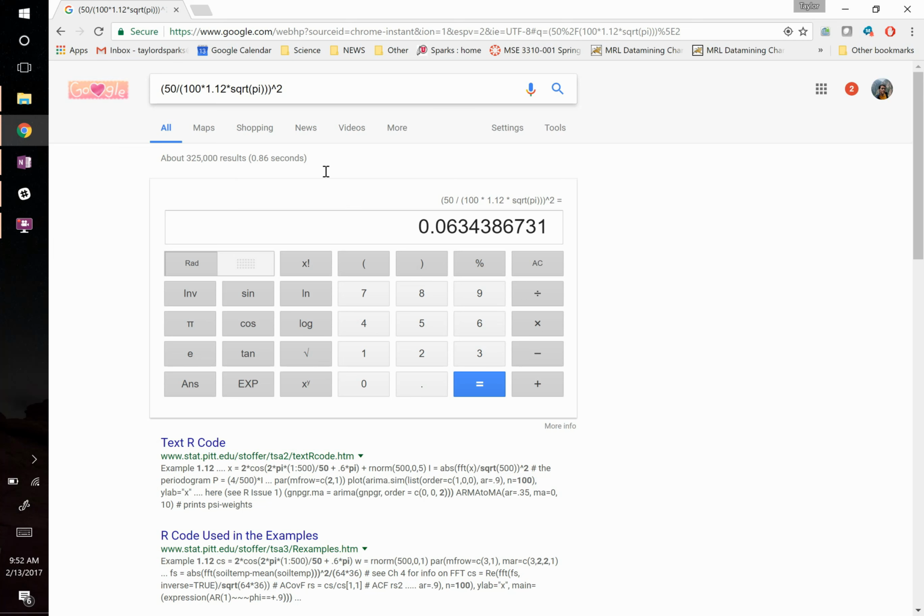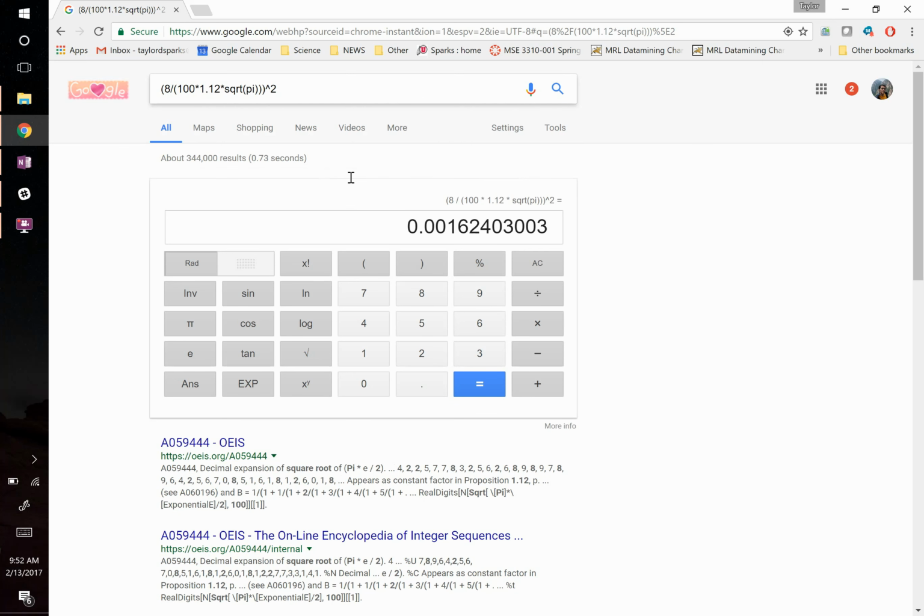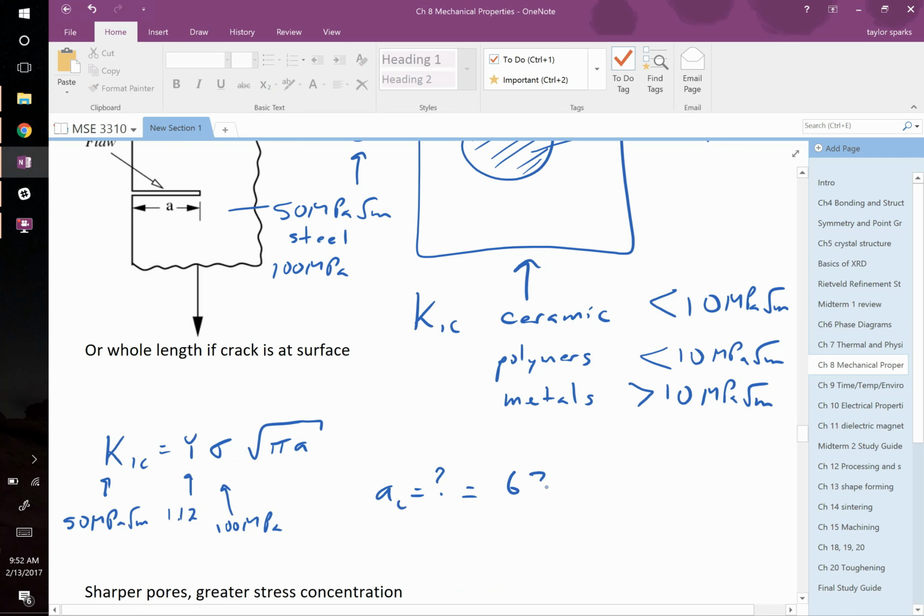That's a monster flaw, but that's because steel is a really tough material, right? So what would that same material be if this was a ceramic, right? So let's assume it's a ceramic with a fracture toughness of 8, right? How's that going to change? Well, then our flaw can only be 1.6 millimeters big, right? So there's your difference. Huge difference in materials in how they respond to stress, right? 63 millimeters, and then if K1C equals 8, the critical flaw size is 1.6 millimeters, right?